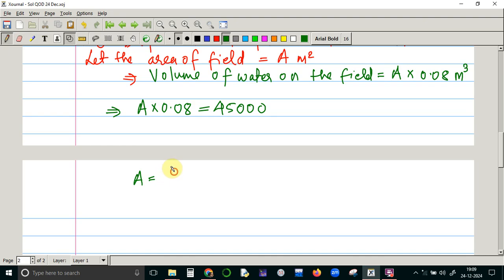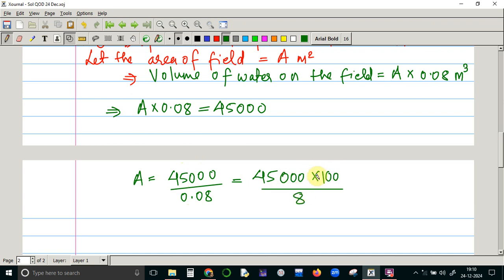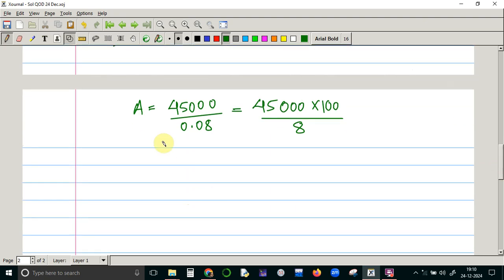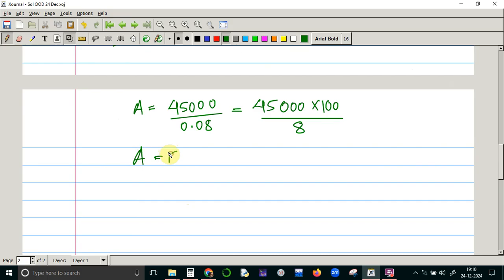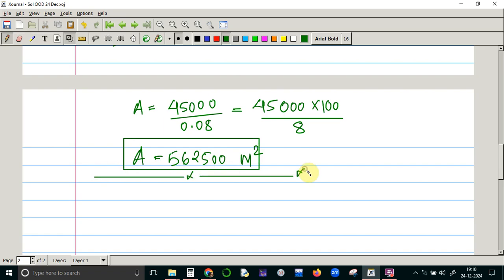So A is 45,000 upon 0.08. Now we have to divide this. 562,500 meter square is the required area of the field.